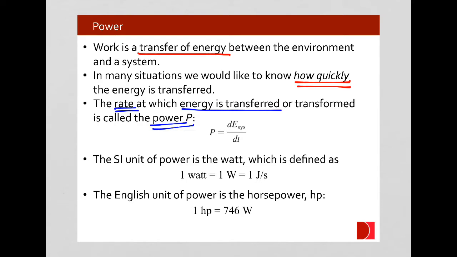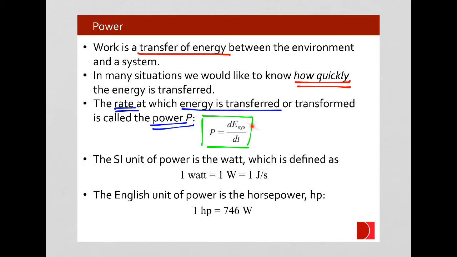Power is written as a capital P, and power is defined as the time derivative of the energy of the system. If this time derivative is positive, that means work is being done on the system. If this derivative is negative, it means the energy of the system is going down and the work is negative.